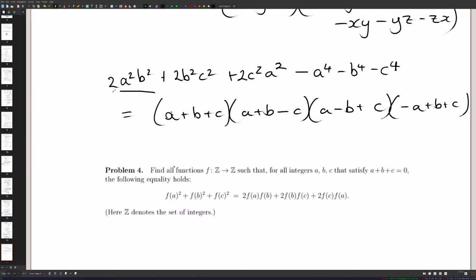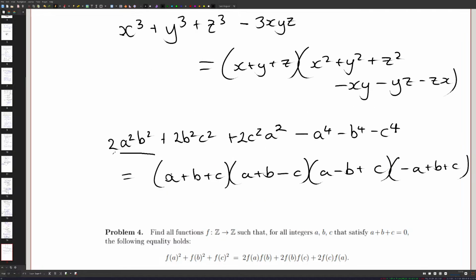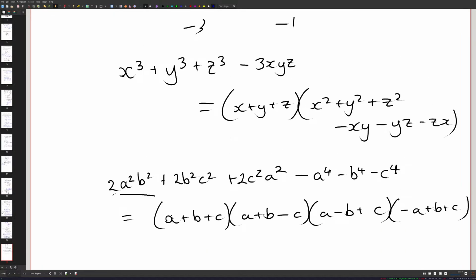Am I right about that? I don't know. Yeah, I think this factorization is right, but it's not something that's going to show up in the second round, hopefully.